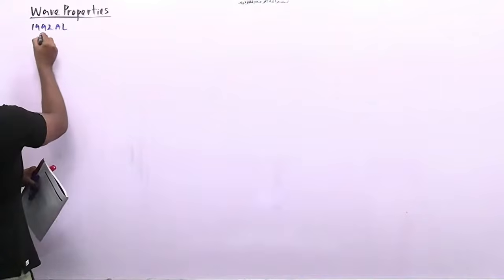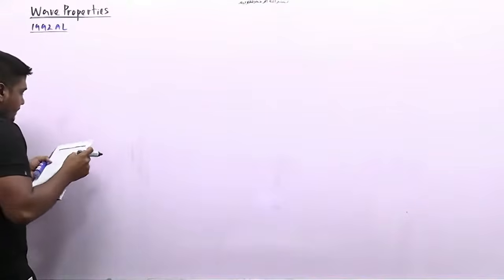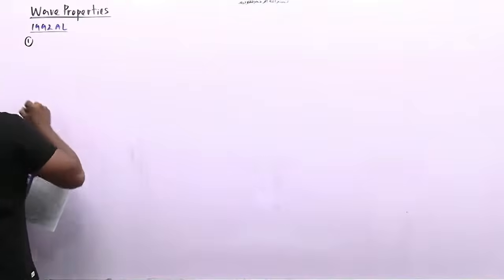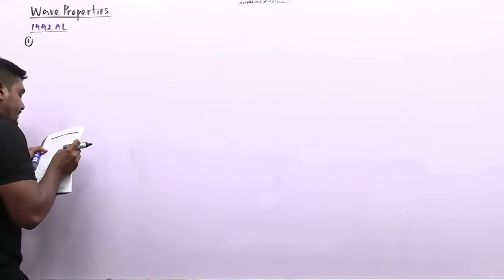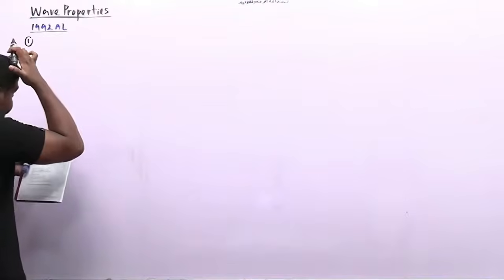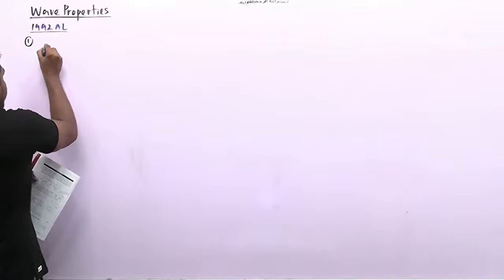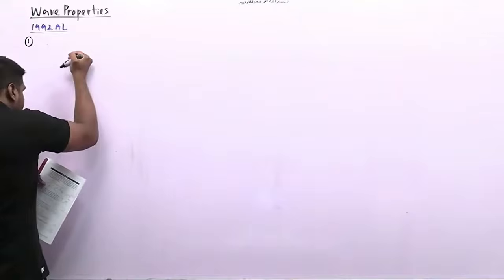Right, MCQ number 1 under wave properties. Now they have given two strings which have different linear densities, AB and BC. They clearly mention that the AB string has the lower linear density and BC has the larger linear density.